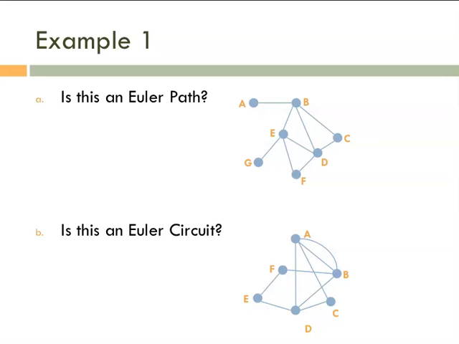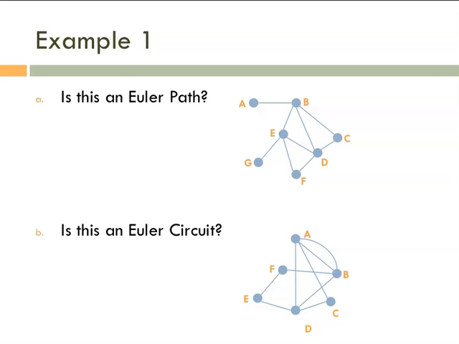In other words, can you find a path where you use every edge, but you only use every edge once? When you're first starting to look at it, this might take a little bit of time. You can go back to a vertex as long as you do not use the same edge to get back to that vertex. Okay?